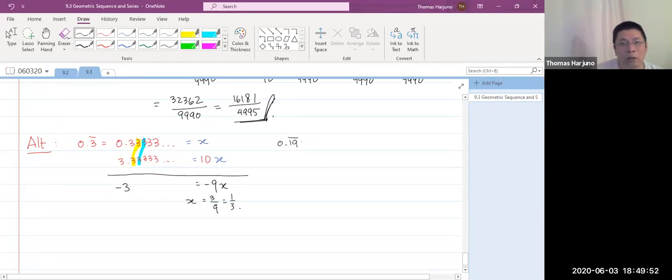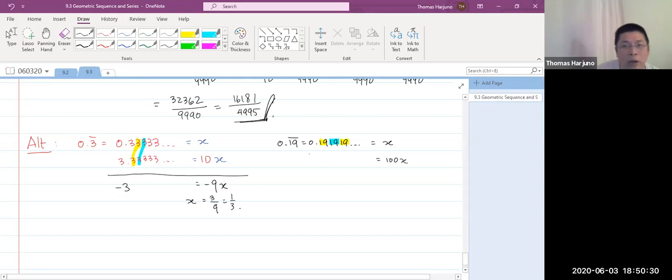0.19 bar is 0.191919 on. If I call this x, what should I multiply this by so that the repeating decimals coincide with the previous repeating decimals? I will multiply by 100. Basically, I move the numbers twice to the left, that's moving the decimal twice to the right.